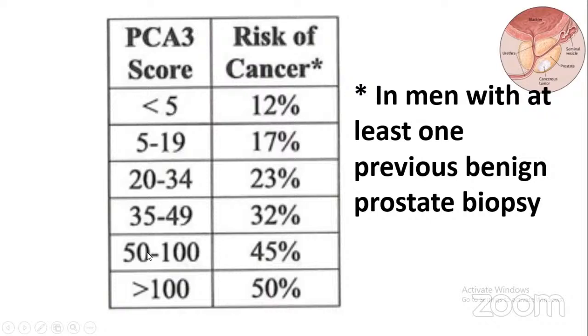If 50 to 100, 45%. If more than 100, the risk is more than 50%. This is the risk of cancer compared with the presence of the PCA3 gene in the urine sample after digital rectal examination. So in men with at least one previous benign prostate biopsy, where we have suspicion, we do this.